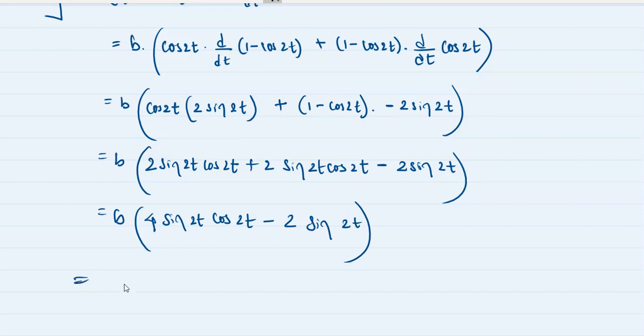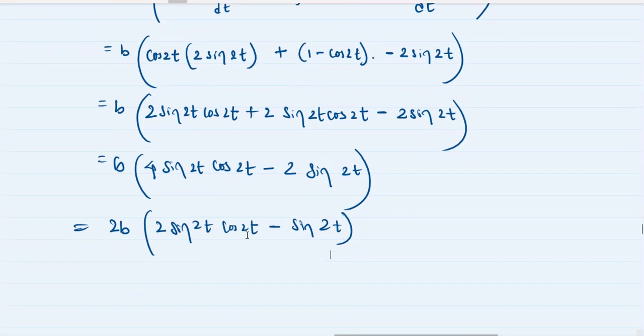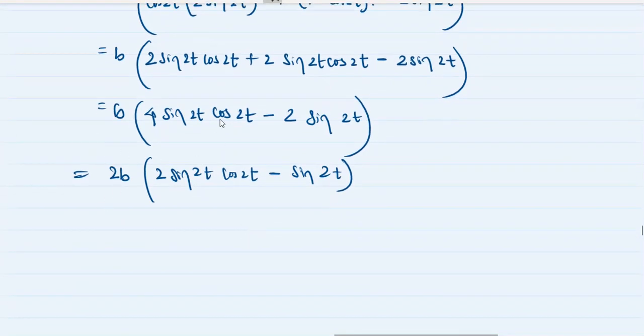If you want, you can take out 2 common. So 2b bracket 2 sine 2t cos 2t minus sine 2t. Okay, you can simplify this. So 2 sine theta cos theta, we already know the identity: 2 sine theta cos theta is equal to sine 2 theta.